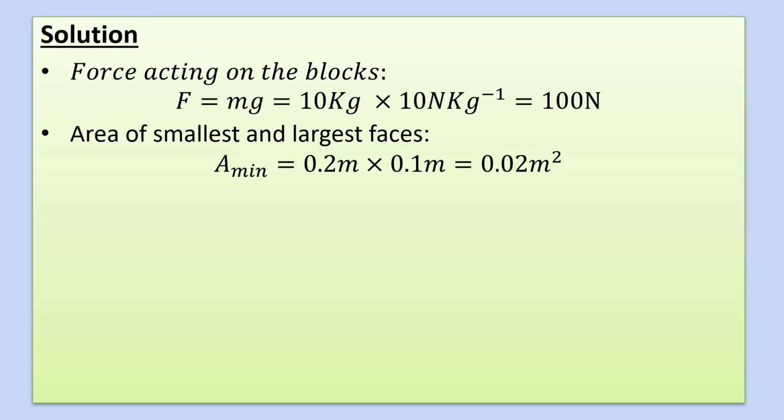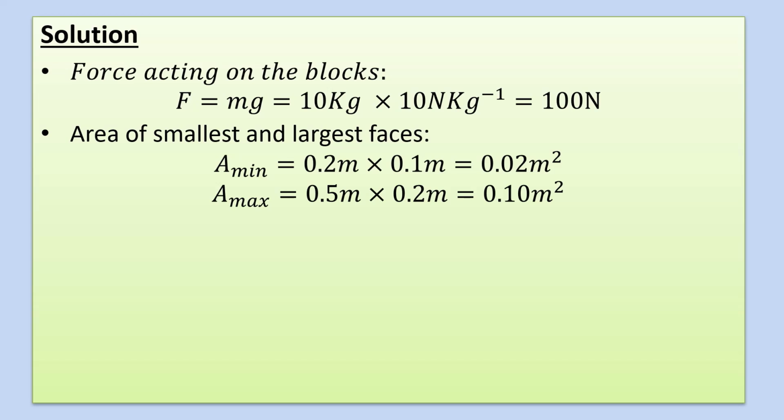And this is because we want to calculate the pressure in pascals. Remember, pascal should also be equal to newtons per square meters, so not square centimeters. That's why we have converted that. The maximum area should be 0.5 times 0.2 to get 0.1. So these are the two faces.